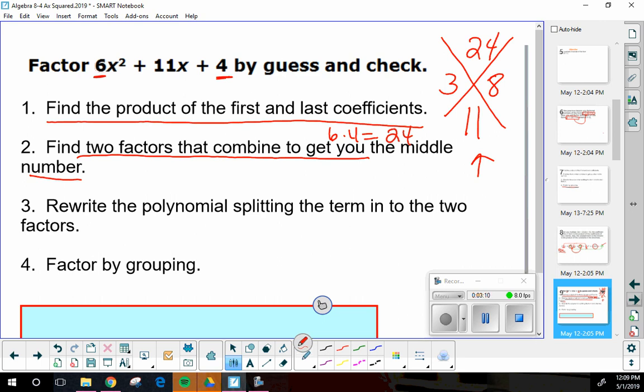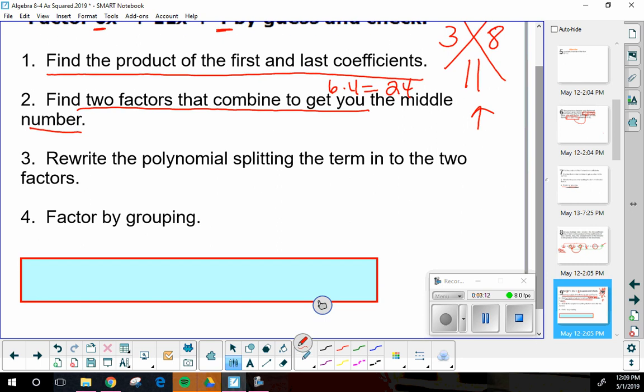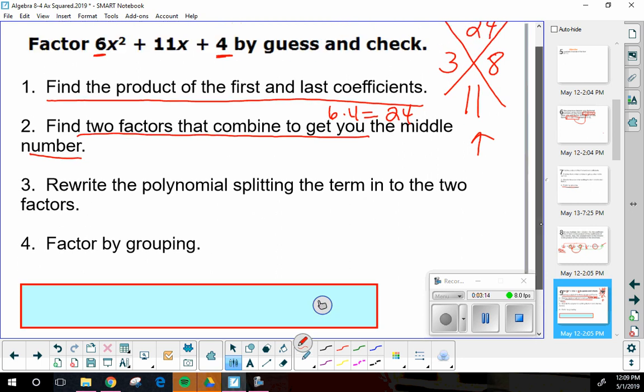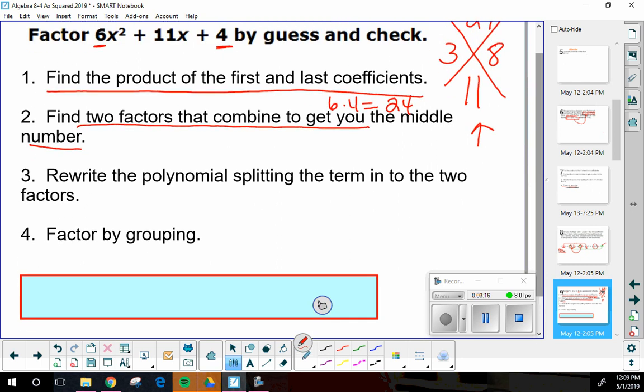So here, this is where it gets a little different than what we did the other day. We're going to go back to our original polynomial right here. And see this 3? We're going to write it first. We're going to recopy this, 6x squared. Just recopy it. Now we're going to split this term into these numbers right here.